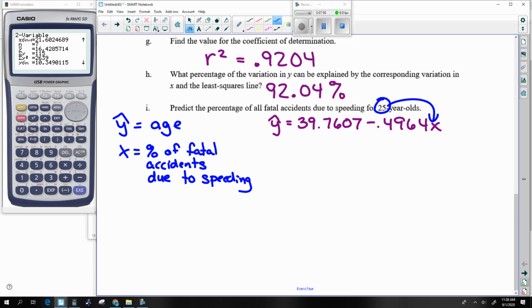And that would be absolutely incorrect in this problem, because 25-year-olds is not the X variable. 25-year-olds would be the Y variable. So if you put it in for X, that would be absolutely incorrect. Instead, 25 is now the Y variable.